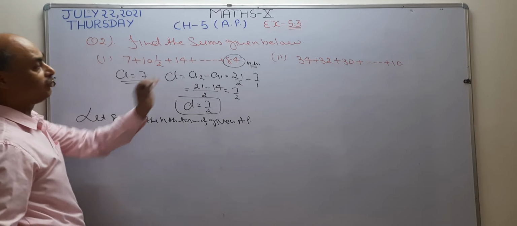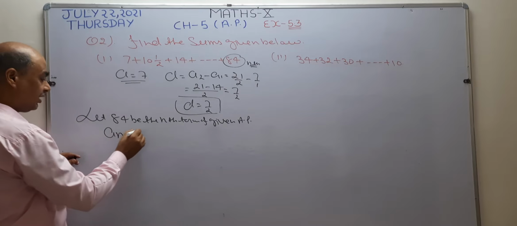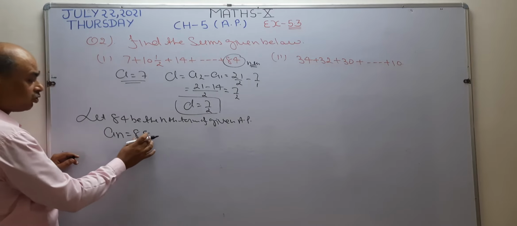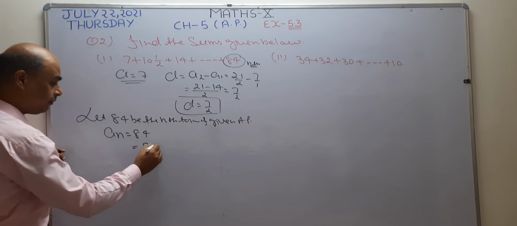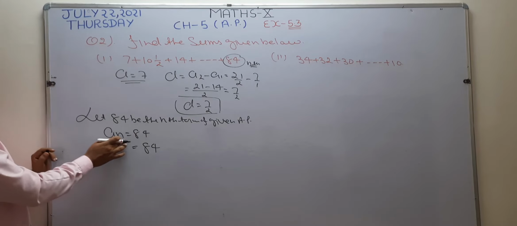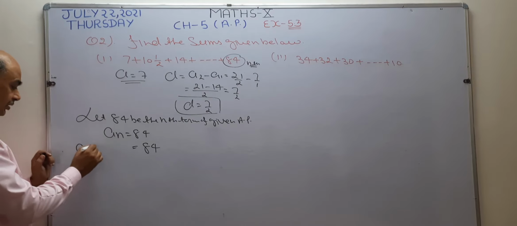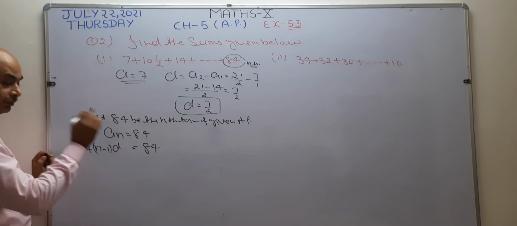If it is the nth term, then an is equal to 84. Since this is a constant value, it is going to remain the same. 84 remains the same. Instead of an, I am going to write the formula for finding the nth term. The formula is a plus n minus 1 into d.